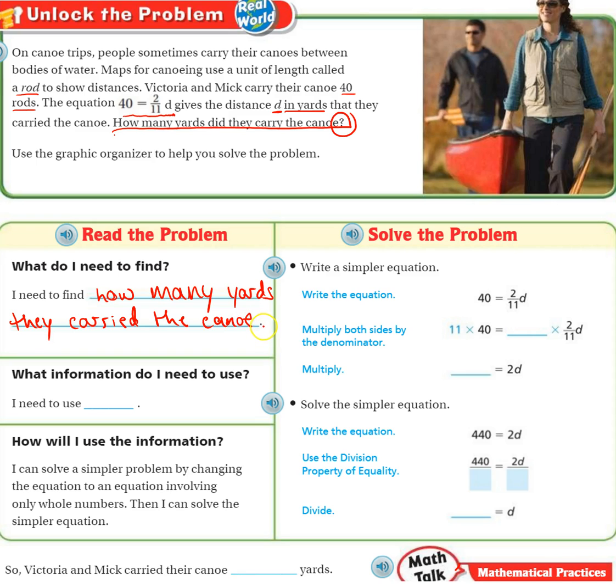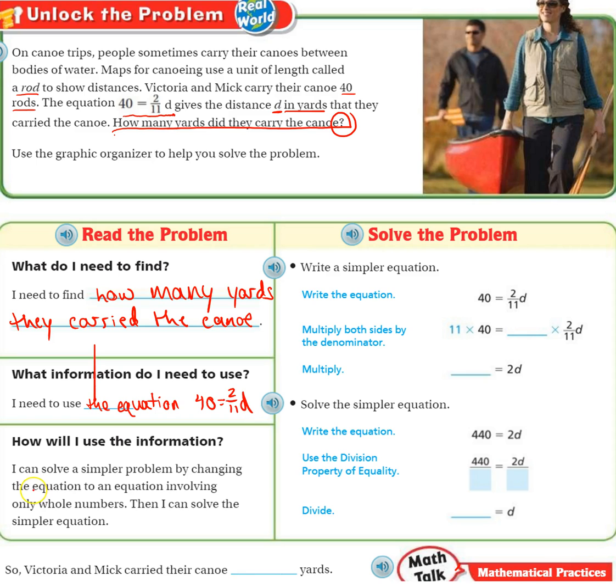And that is Mick and Victoria. How many yards did Mick and Victoria carry the canoe? What information do I need to use? I need to use the equation 40 equals 2/11 times d.